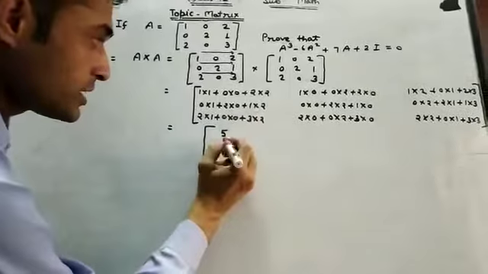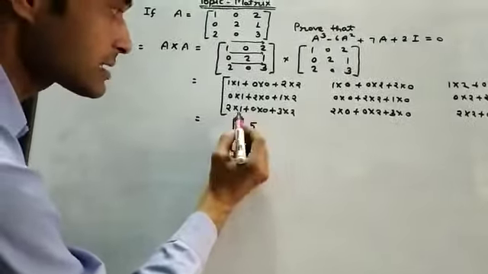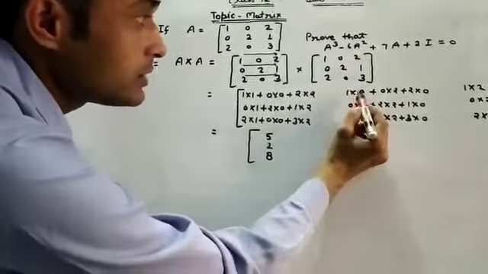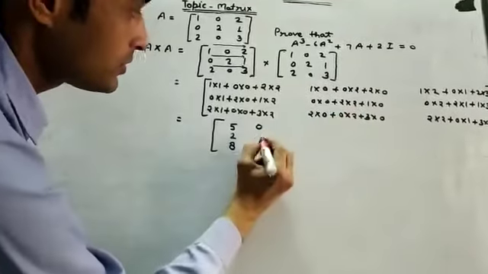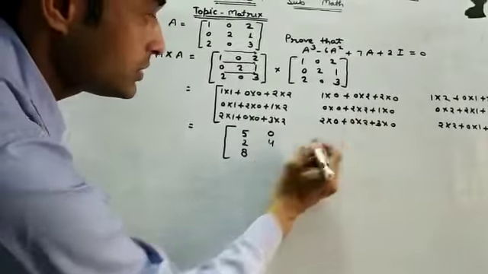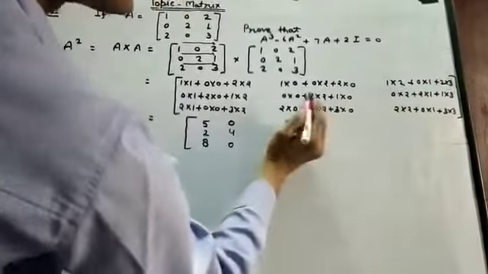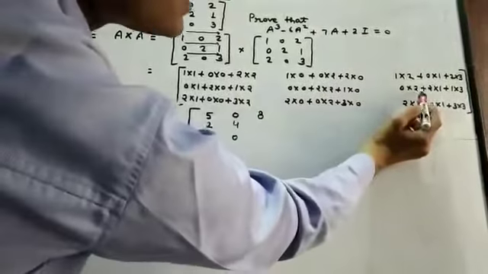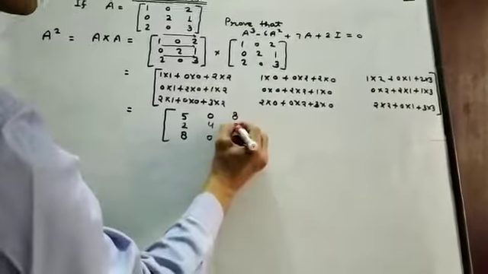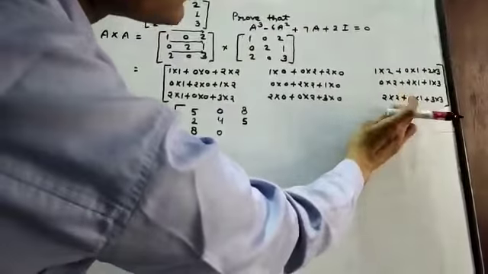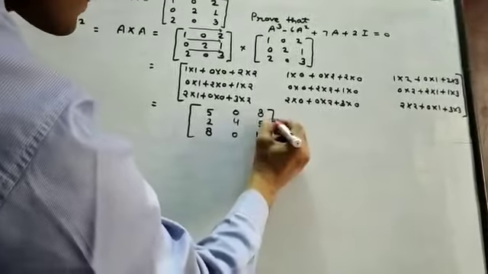Here 0, 0, 1 multiply 2 is 2, 2 plus 0, 3 multiply 2 is 6, 6 plus 2 is 8. 0, 0, 0, 0, 2 multiply 2 is 4, 0 is 4, 0, 0, 0, 2 multiply 0, 3 multiply 2 is 6, 6 plus 2 is 8. 0, 2 multiply 1, 3 multiply 3 is 9, 9 plus 4 is 13.